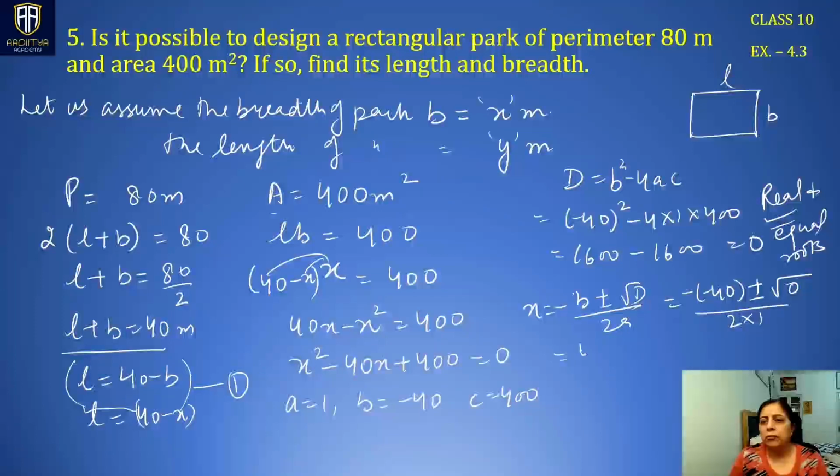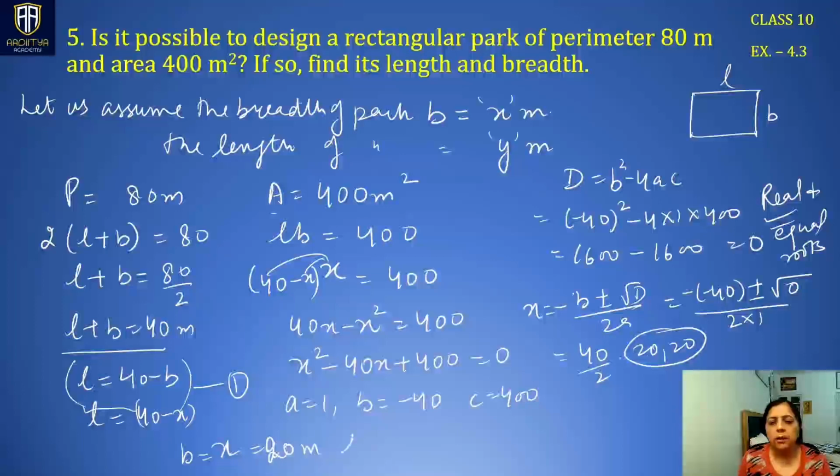So we have 40 plus minus 0 by 2. That is 20 comma 20 are the two roots. So x is 20 meters, and length is equal to 40 minus x, which is also 40 minus 20 meters.